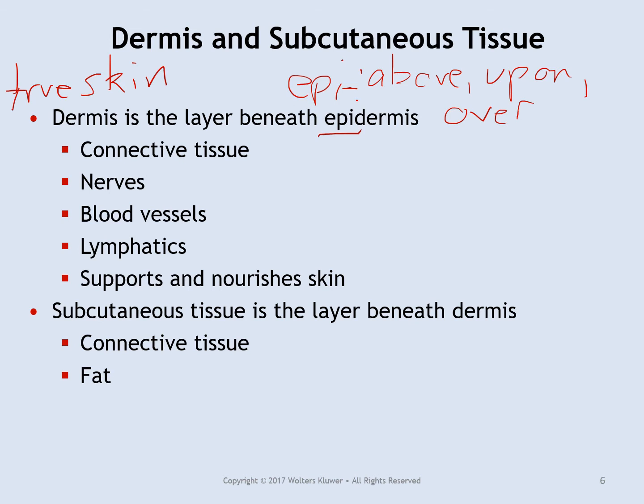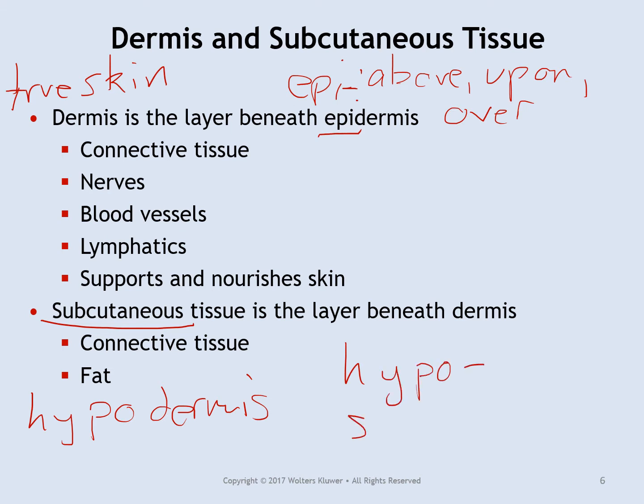Below the dermis then, we have our third layer of the skin, which you can refer to with two different names, either the subcutaneous or hypodermis. And both hypo and sub mean beneath or below.